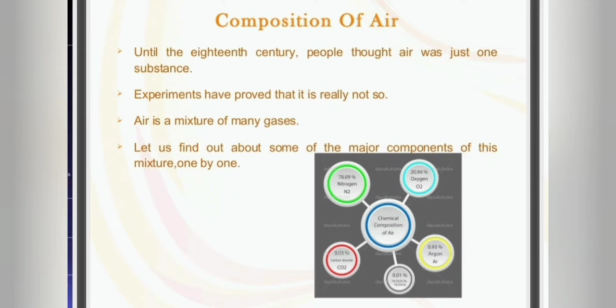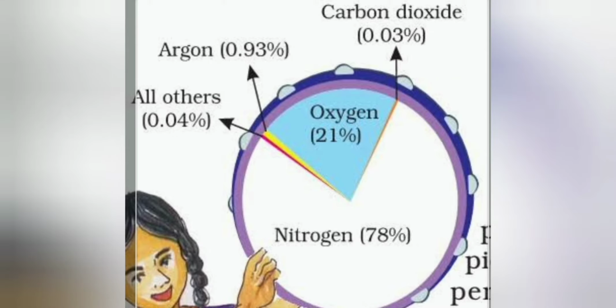The other gases present in the atmosphere are carbon dioxide, helium, ozone, argon, hydrogen, etc., about 1%. The lowest layer of the atmosphere contains water vapor and dust particles.